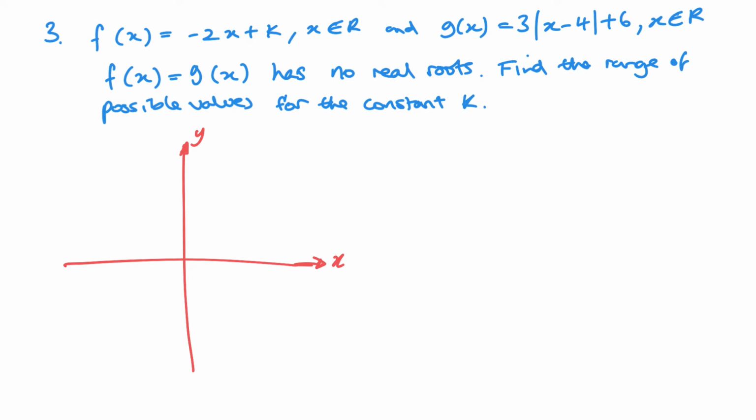So turning point here will be 4 across, 6 up, so let's put it there, and we've got positive 3x, so we're going up this way and then this way off there. Okay, you can see if you put x equals 0 in, the -4 becomes a +4, 3 4s are 12, plus 6 is 18, so it should hit the y-axis at +18.